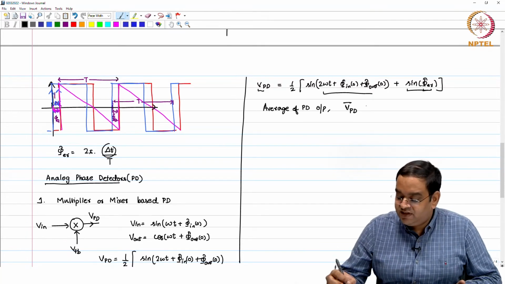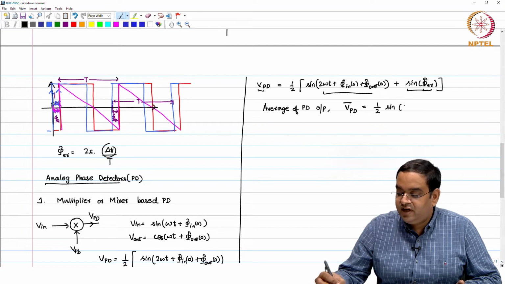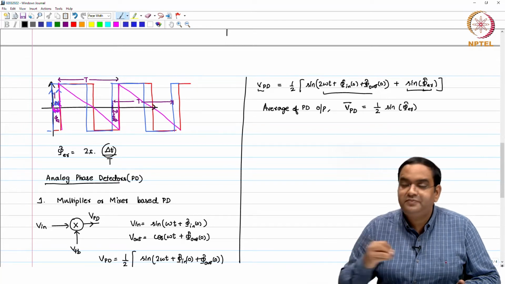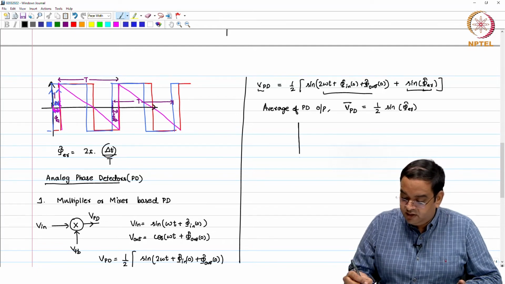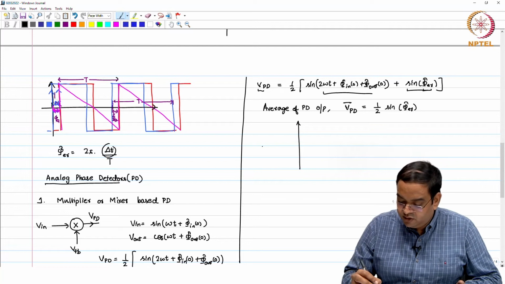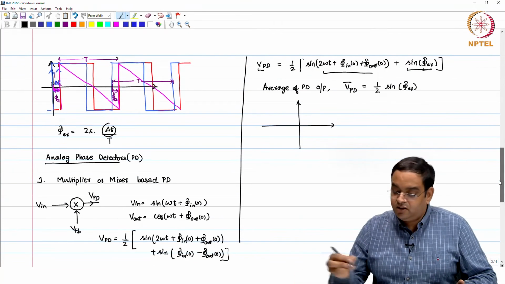The average of this phase error detector output is half of sine of phase error, right. Again, this is something which we have seen, but which we need to understand in a little more detail.